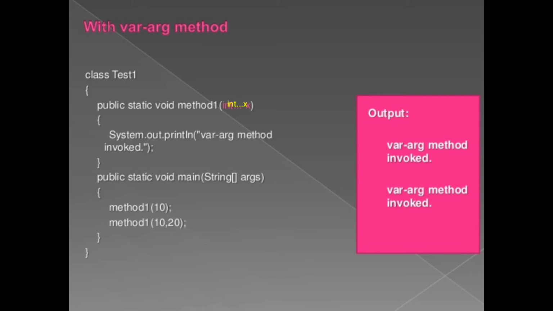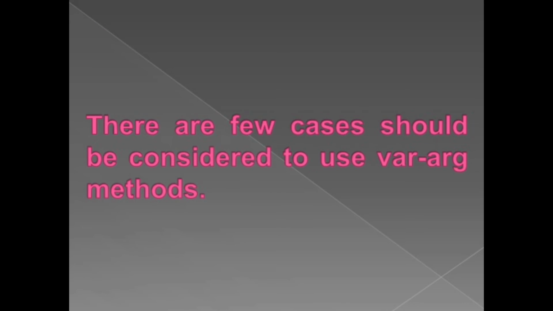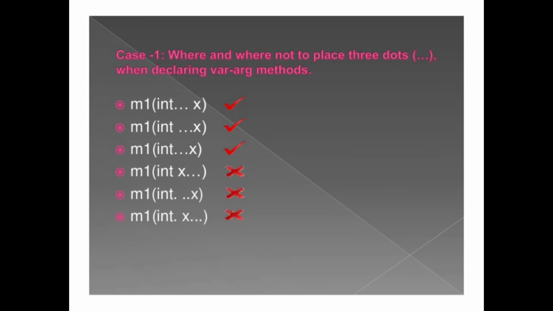With the variable argument method, here I am writing one example, and inside the class I am writing a method, void method1 with int three dots x, where the variable name is x, and one output statement that shows the output two times. There are a few cases to consider when using variable argument methods.